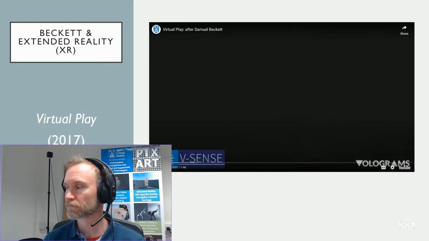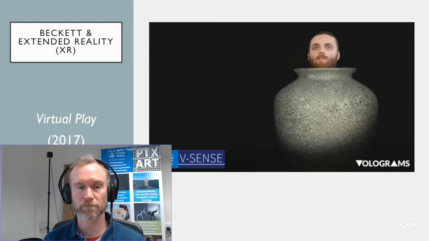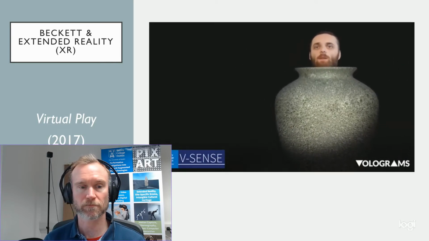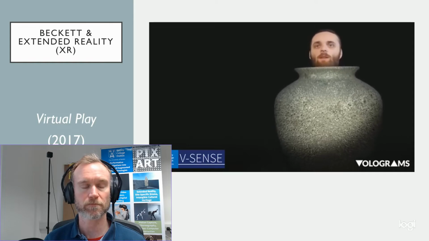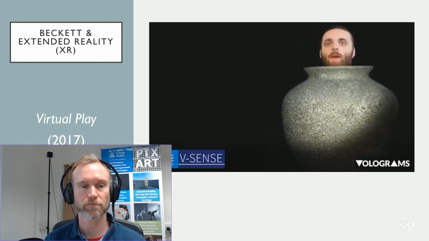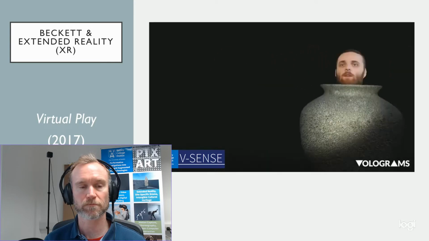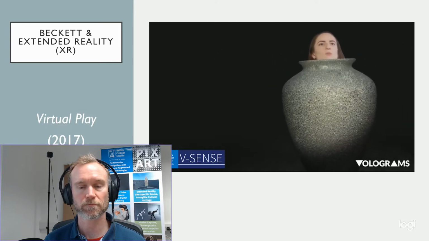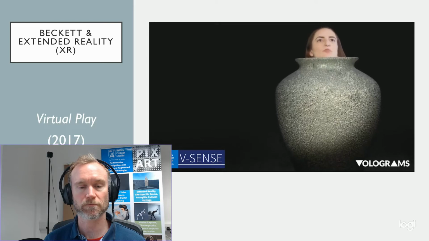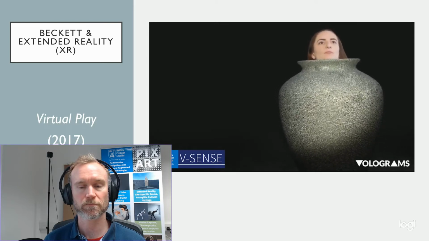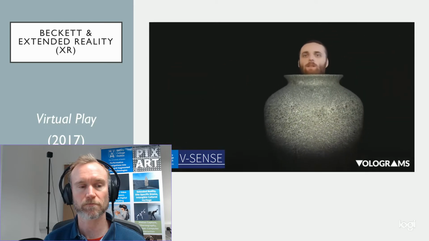Virtual Play is a reimagining of Samuel Beckett's theatrical text entitled Play for digital culture. Play was chosen because it specifically engages the question of dialogue and interactivity. The sequence of the actors speaking is determined by a moving spotlight, which Beckett calls the interrogator. They speak when the light is on them and fall silent when the light is off.